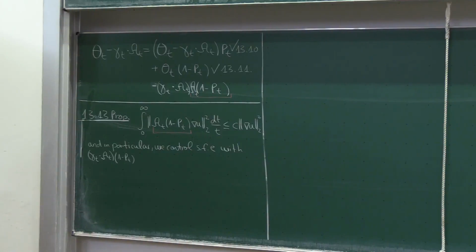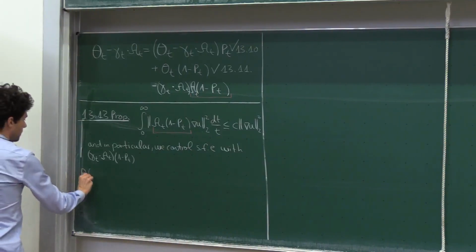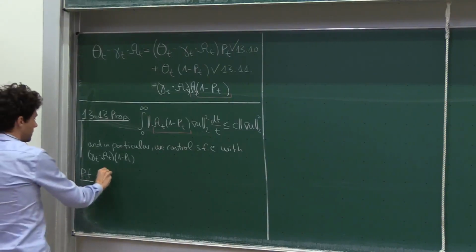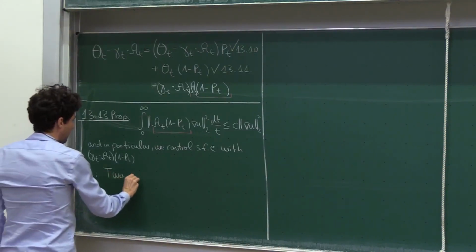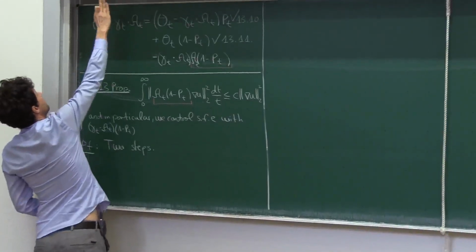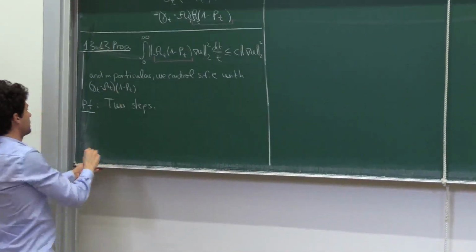Alright, so the proof of this now has very little to do with operators, at least with elliptic operators in divergence form, and it comes in two steps. Okay, so it brings us a little bit back to lecture 8.